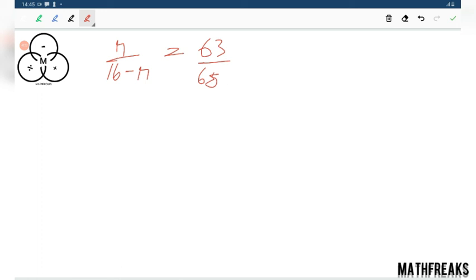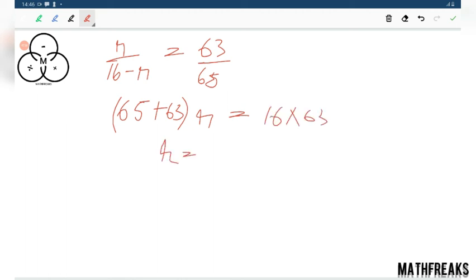Let me calculate. 65R, there is 63R. 65 plus 63. R equals 16 into 63 by 128. Divided by 4, we will get 64. Here we will get 18 divided by 8.